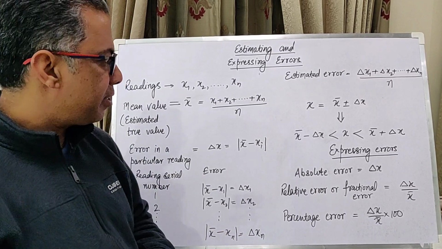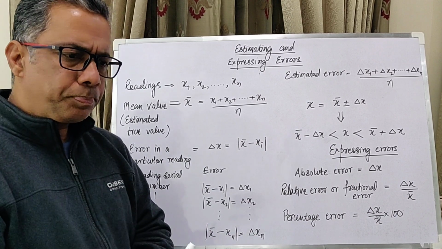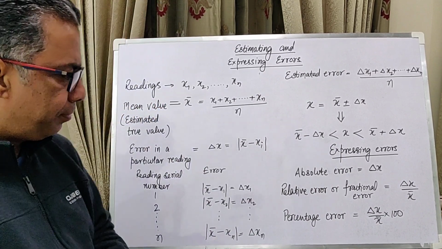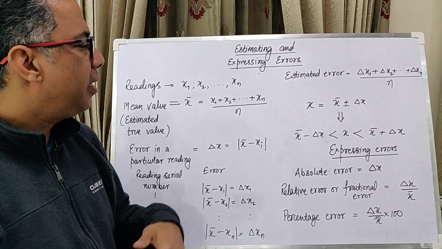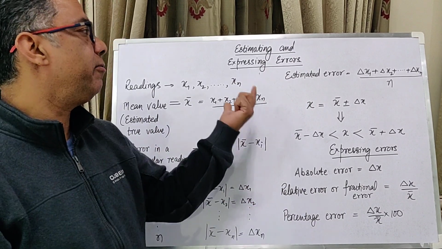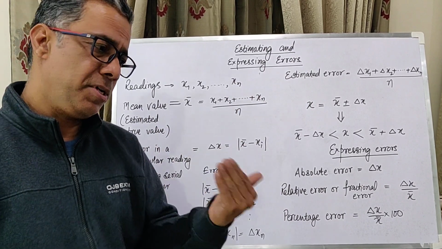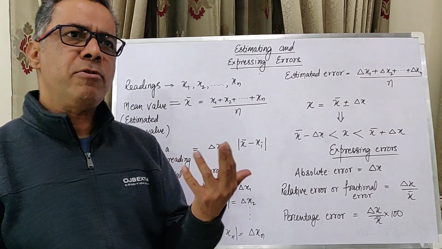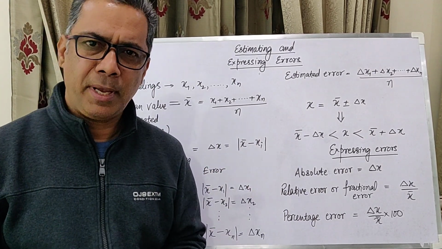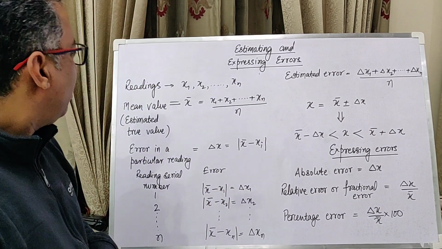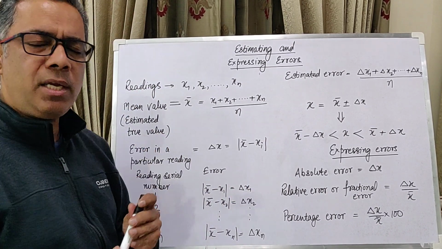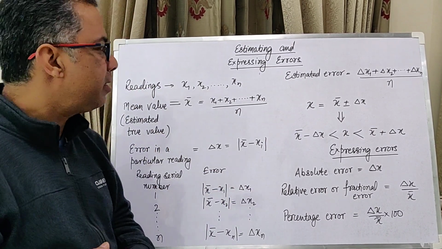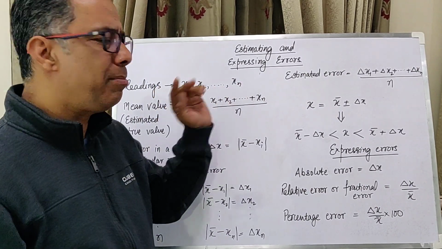Now moving on, we are going to discuss the process of estimation of errors, estimation of true values, and also we will learn how to express errors. Now, when we do a physical experiment, we take a whole number of readings.